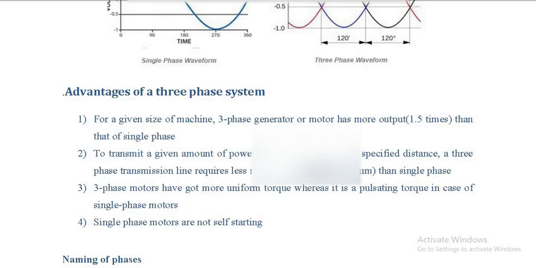So the system universally followed is the three-phase system. Researches are going on in 5-phase, 7-phase and 9-phase motors as well, but they are still in research mode only, and what is universally adopted is the three-phase system. So let us stick to this and see what these three-phase systems are.